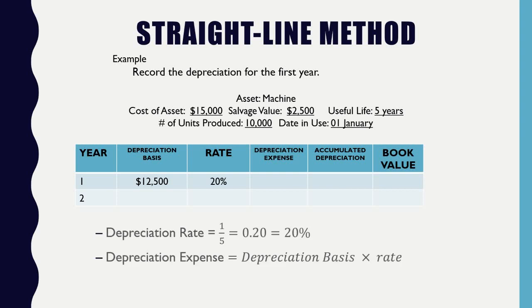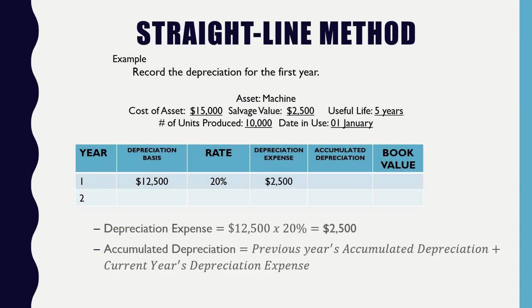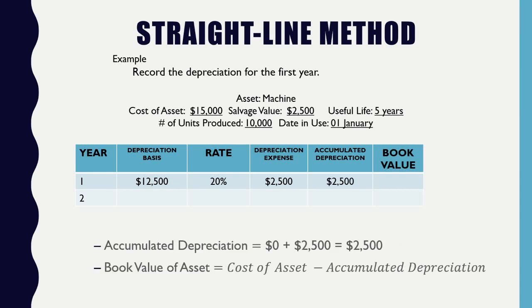That's the number you're going to be using. The depreciation expense is pretty straightforward: rate times basis, so 12,500 times 20% is 2,500. That's also your accumulated depreciation because there are no previous years.